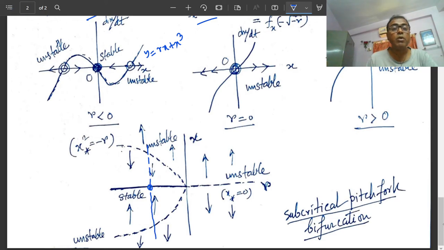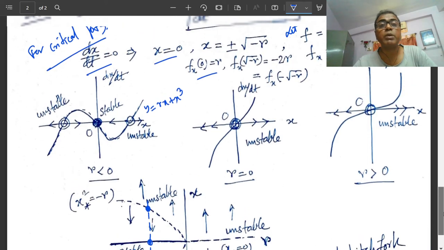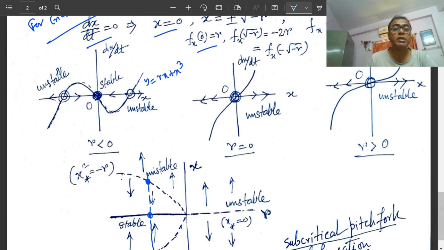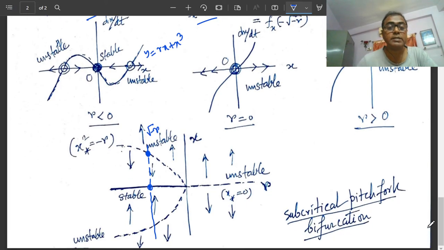One is the origin, which is stable, and the other two are x* = +√(−r) and x* = −√(−r). Because r is negative, √(−r) is positive. So the point √(−r) is unstable, obviously.